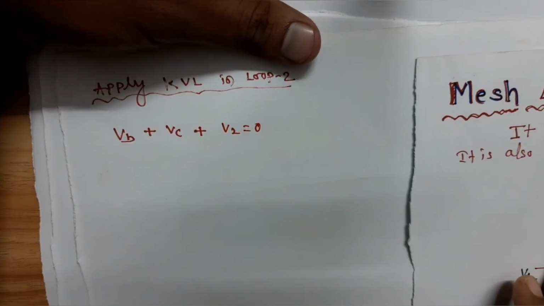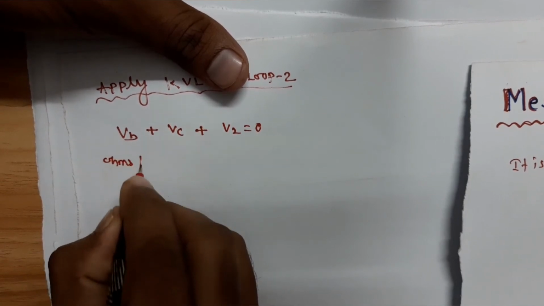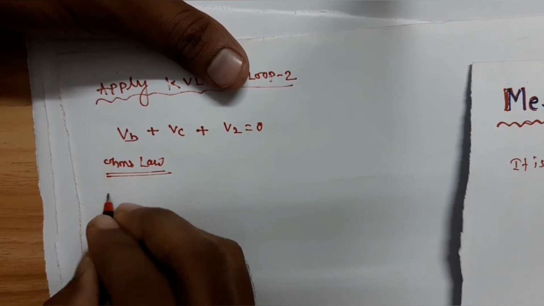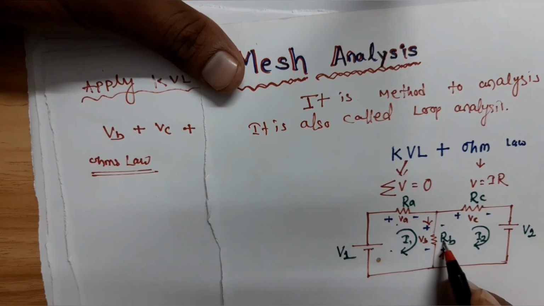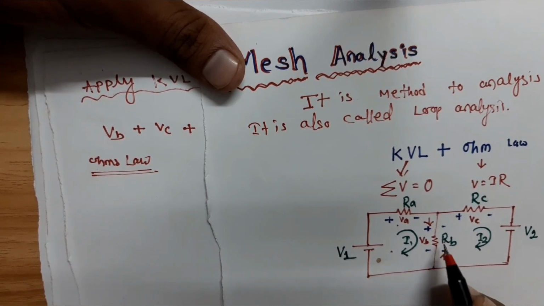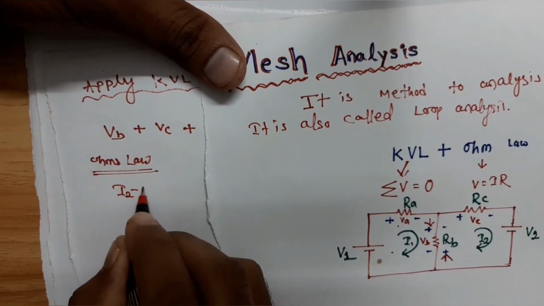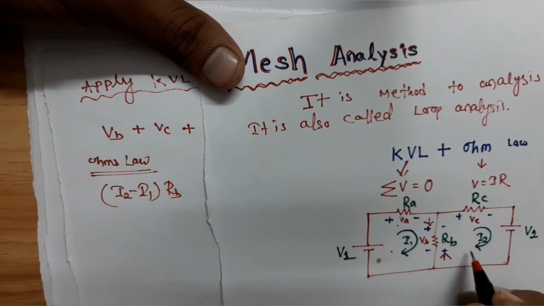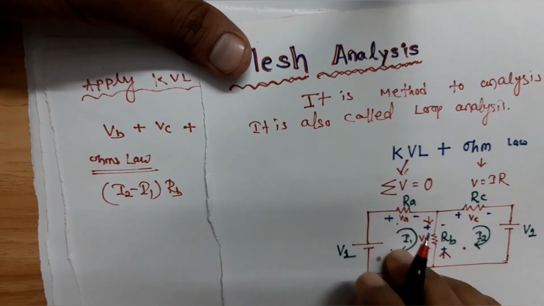Then we apply Ohm's law. VB is the voltage across RB. Here I2 and I1 are flowing, but it is I2 minus I1 into RB, because here we consider loop 2, so I2 is higher than I1.